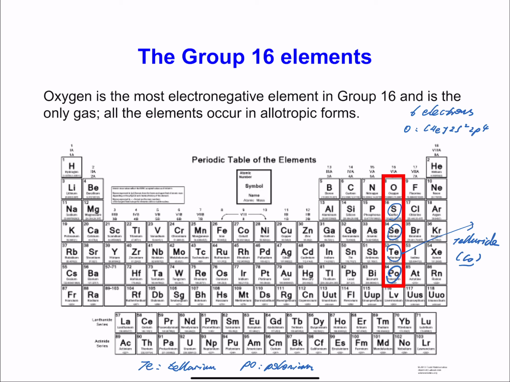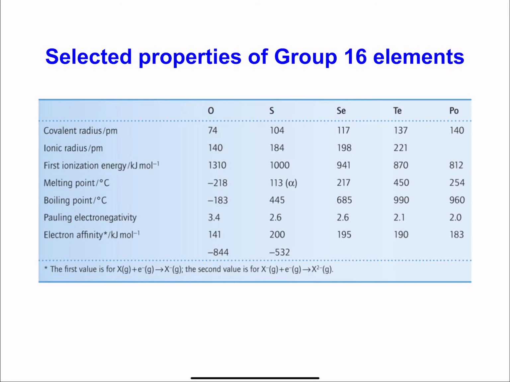Here are the basic chemical and physical properties of group 16, and let's look at the electronegativity. That's the most important property of an element. You can see oxygen has 3.4, and when you go to polonium, it's only 2.0.